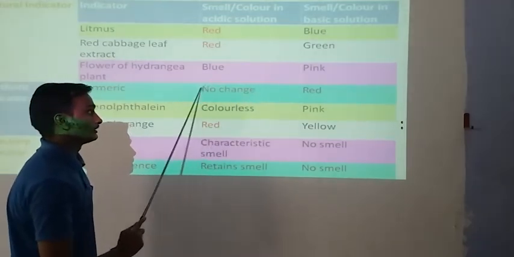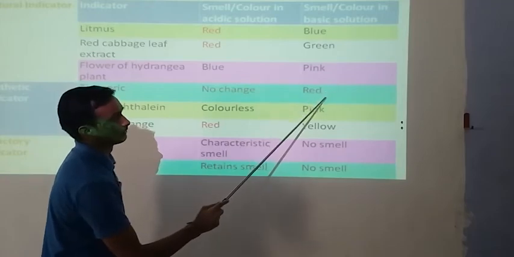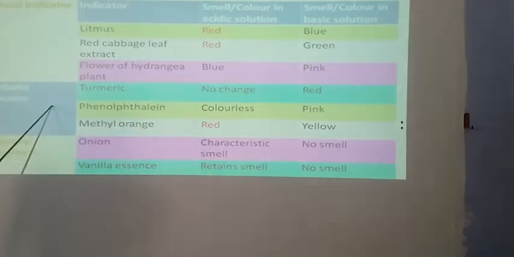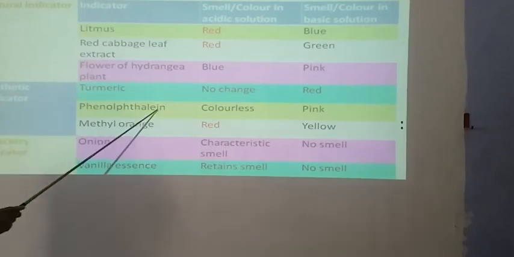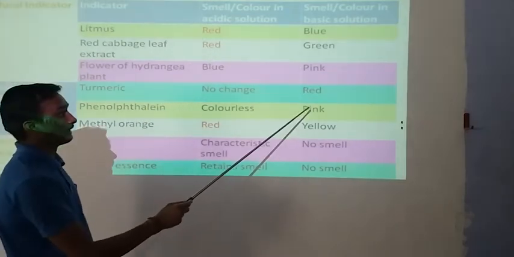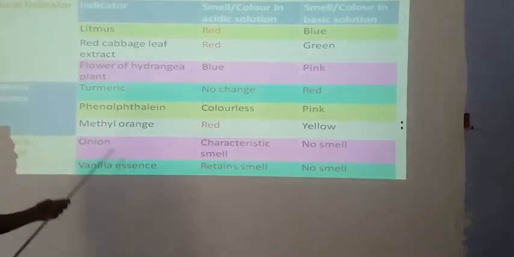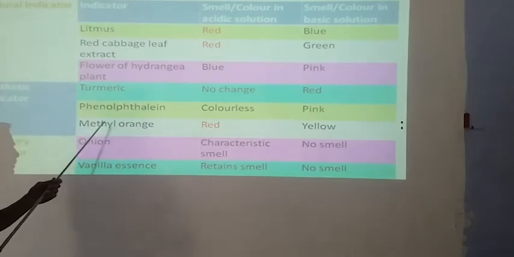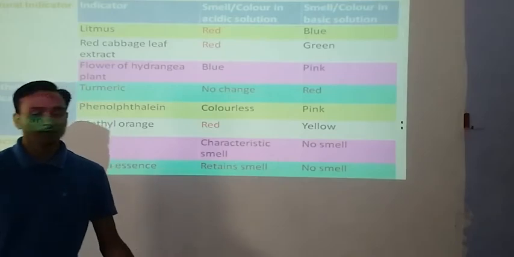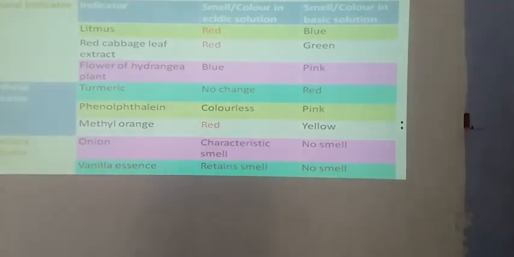Its color does not change in acidic solution, but it shows red color in basic solution. Now, these are synthetic indicators: phenolphthalein and methyl orange. Phenolphthalein remains colorless in acidic solution and shows pink color in basic solution, while methyl orange shows red color in acidic solution and yellow color in basic solution.